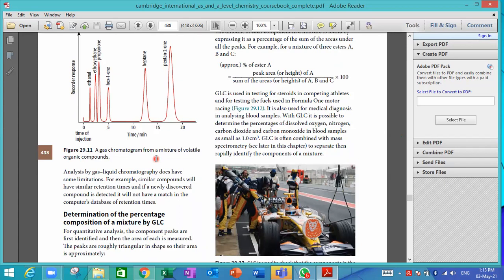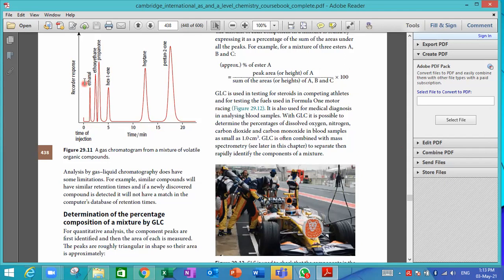Okay. Of course. The area under the peaks here determines the concentration of each component in the mixture. If we have a big area, this means that we have more concentration of pentan-2-one than we have, for example, of ethanol. Ethanol came out first, before pentan-2-one, because it has a lower mass.